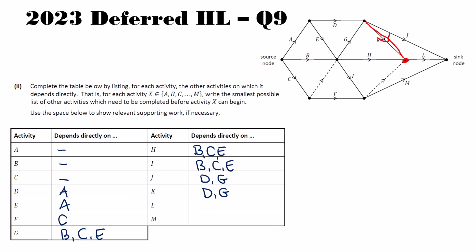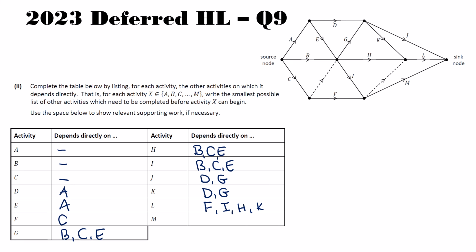It has K, H, and this dummy feeding in, but the dummy is coming from a node where both I and F feed into that. So we have F, we have I, we have H, and we have K. So there's a lot going on there, and it's very, very easy to miss one.